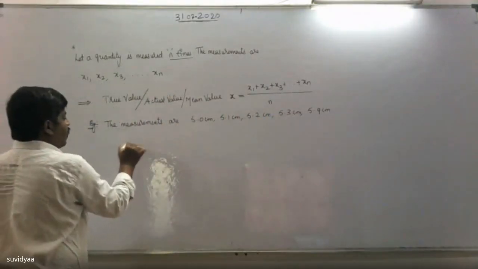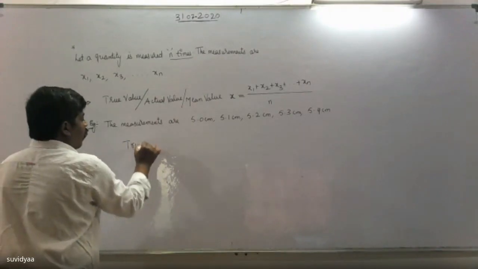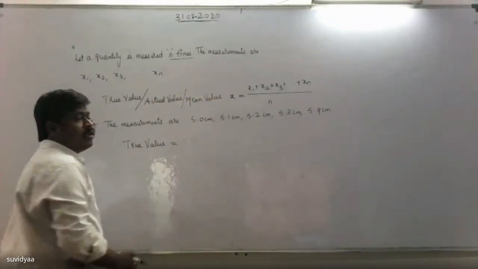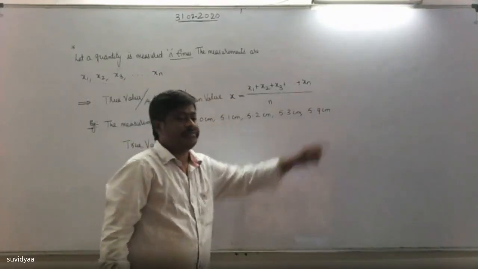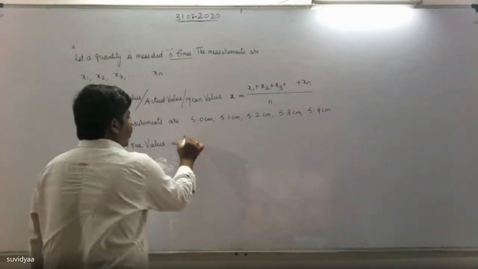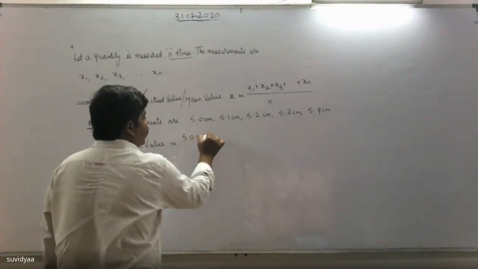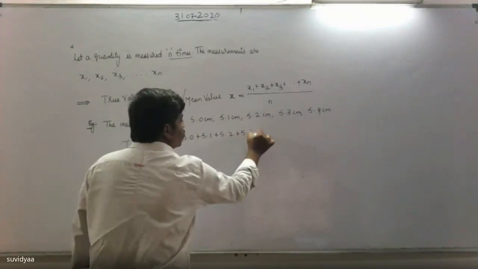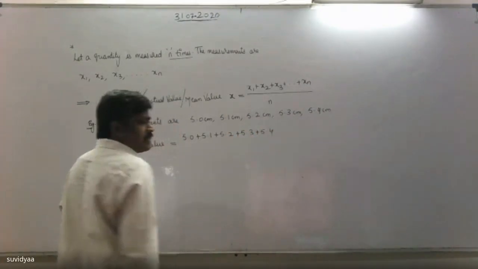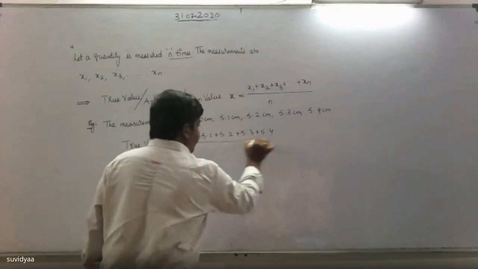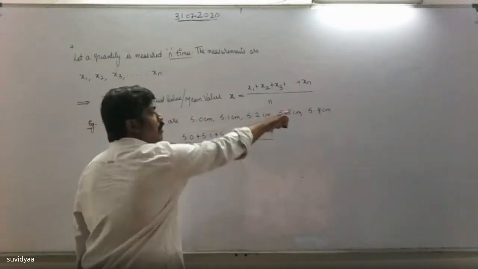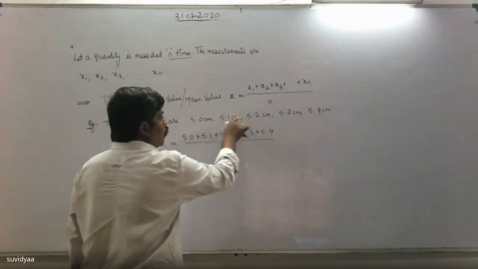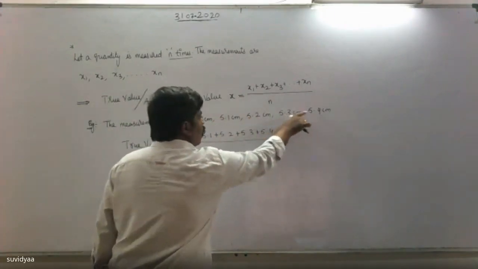Then what is the true value? So true value, what you have to do? Just add all of them. 5.0 plus 5.1 plus 5.2 plus 5.3 plus 5.4 divided by n, number of readings. How many readings? 1, 2, 3, 4, 5.